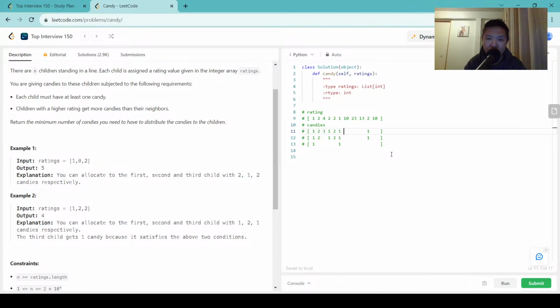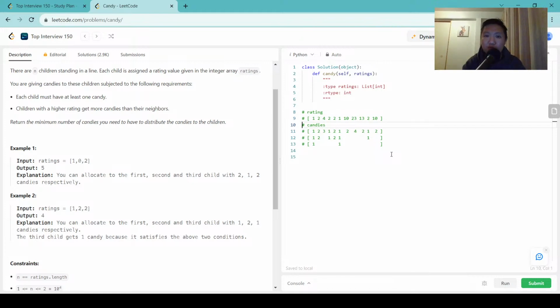This person gets a 3. The third round is 4. It's all the 4s. Fourth round is all the 10s. This person gets a 2. This person also gets a 2. Fifth round is the 13s. And then sixth round is the 23.